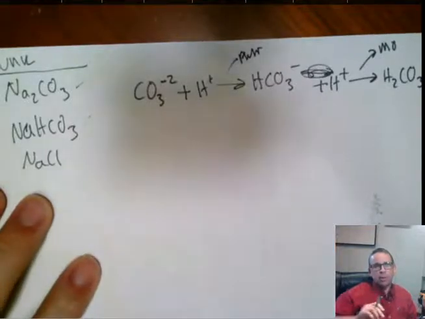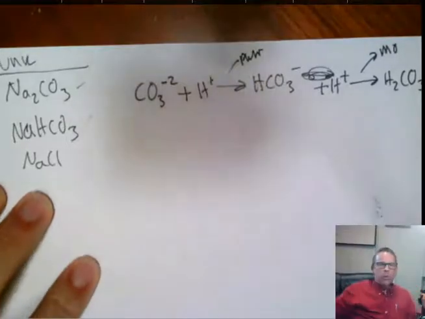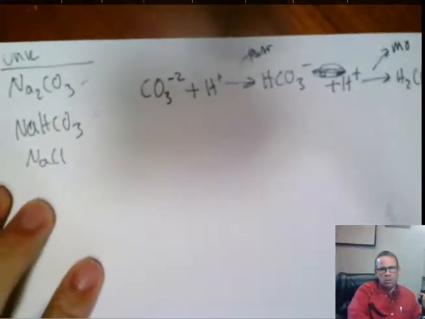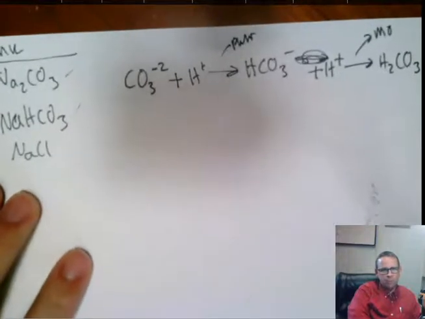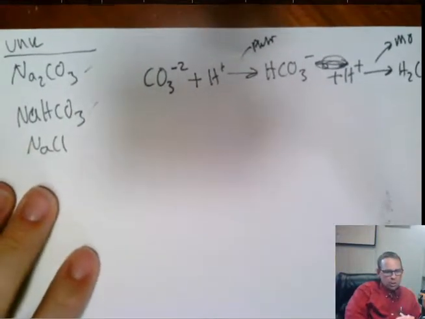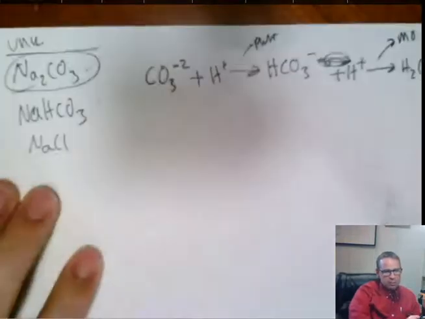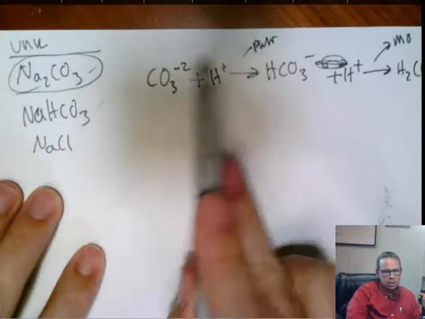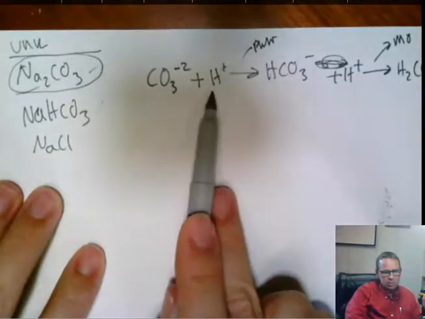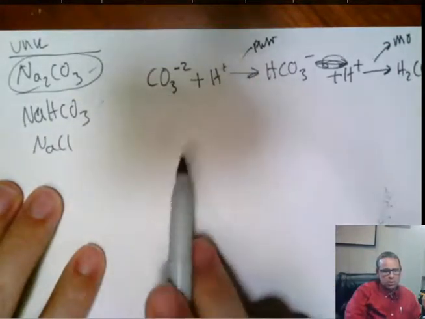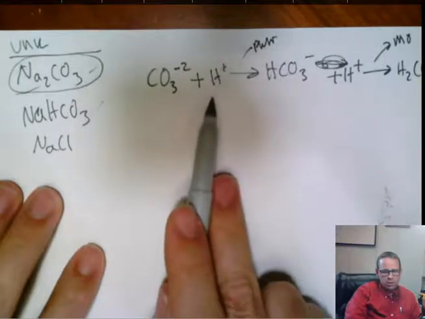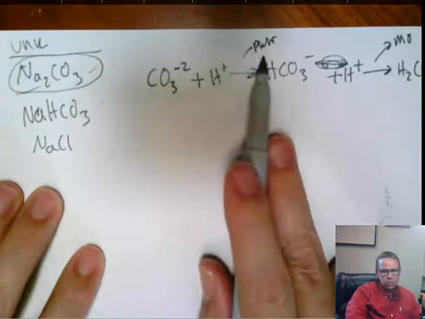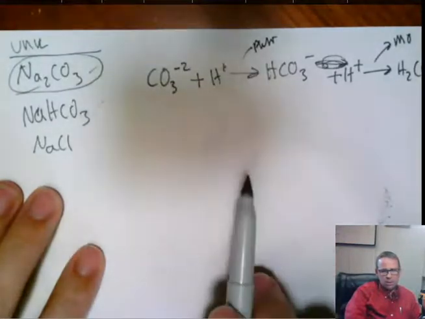Okay? So then, how are we going to determine how much of these unknowns there are in the sample? Well, to determine the amount of this stuff, the phenolphthalein is good for that, because it's going to turn colors after all of the carbonate has been consumed. So we can use the volume of HCl required for the unknown solution to turn the phenolphthalein color.